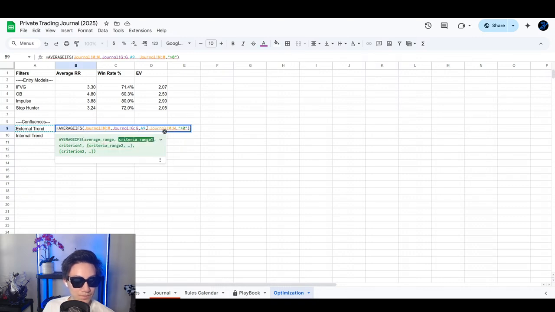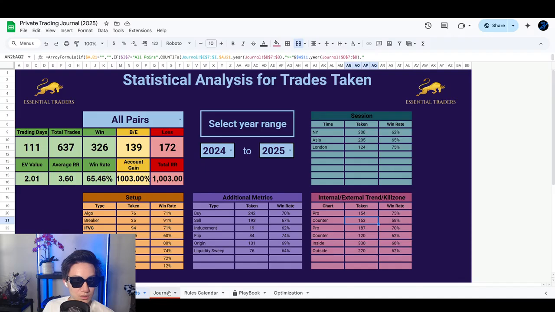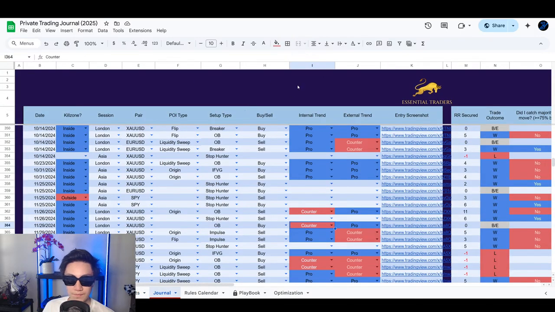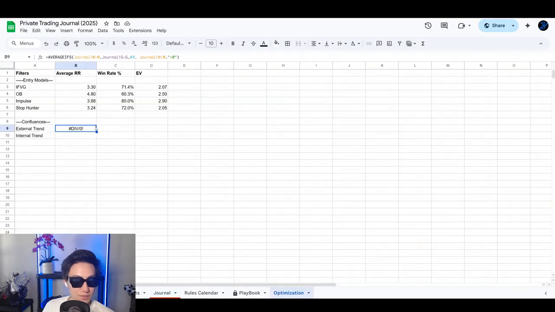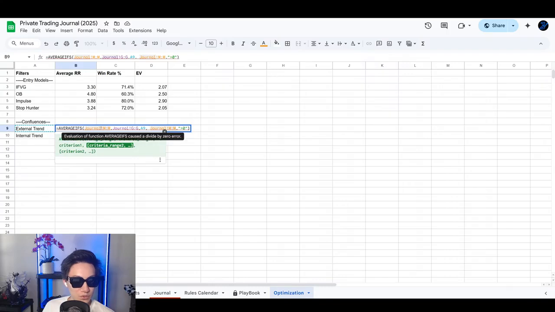That's the risk reward, and then this is the criteria range. M and GG. Oh, M is the risk reward. Oh, I see. We filter the risk reward twice.